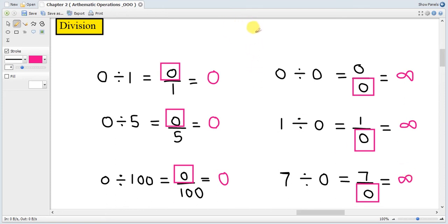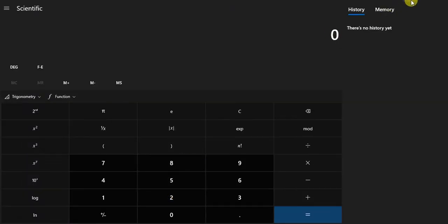Let's take a certain example, 1 divided by 0. If you solve it on your calculator, it will give you math error or undefined, or it cannot be solved. So let's just check it.